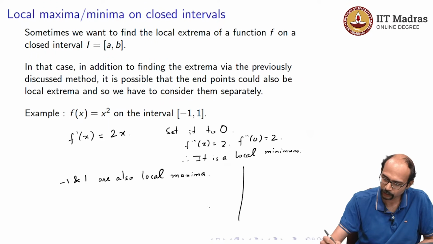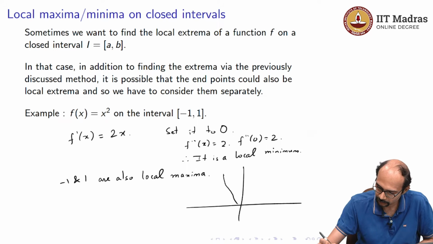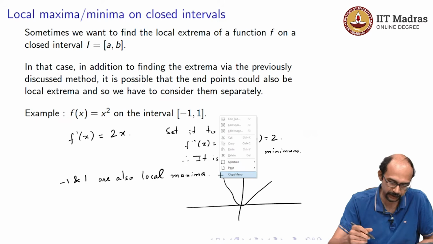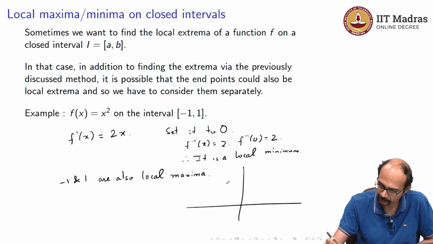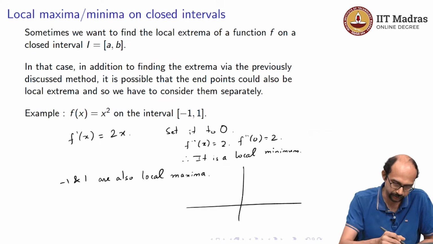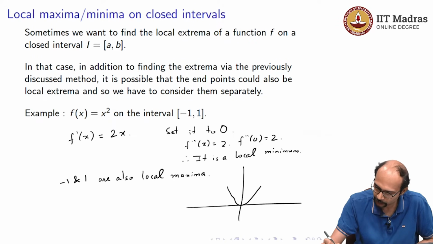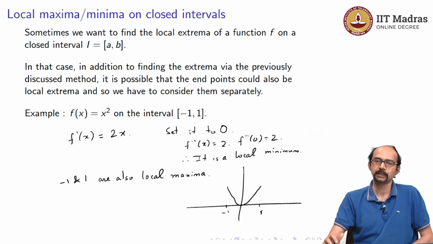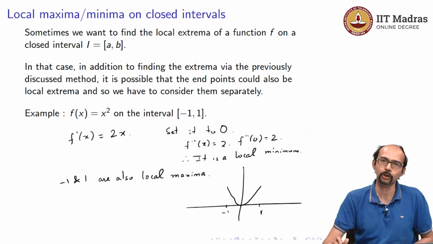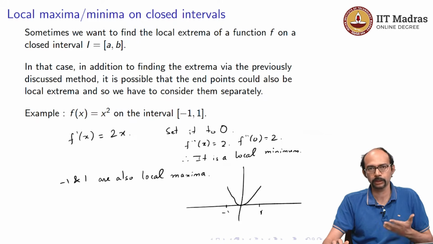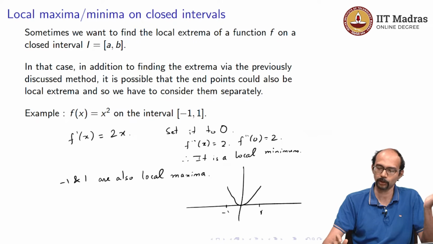Because if you look at the graph of the function x squared, it is something like this, and if we want to look at it only in the part between minus 1 and 1, this is it, right, and so this point here, which is minus 1, and this point here, which is 1, are actually local maxima, because in a small neighborhood around those points, remember now neighborhood means you are considering only points which are within minus 1 comma 1.